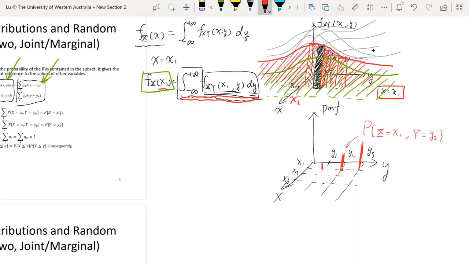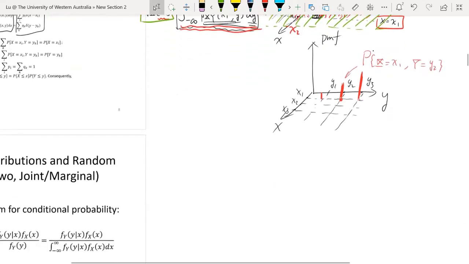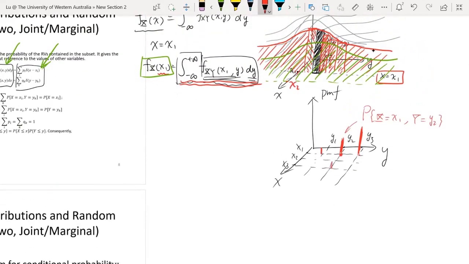You may have others, maybe here one, maybe here one. It's just an example, okay? Now, if you want to evaluate the marginal PMF, let's just use the same notation. So we want to evaluate fx at x1, for example.